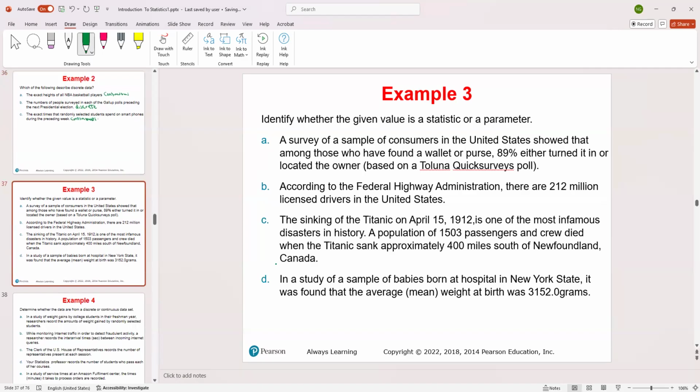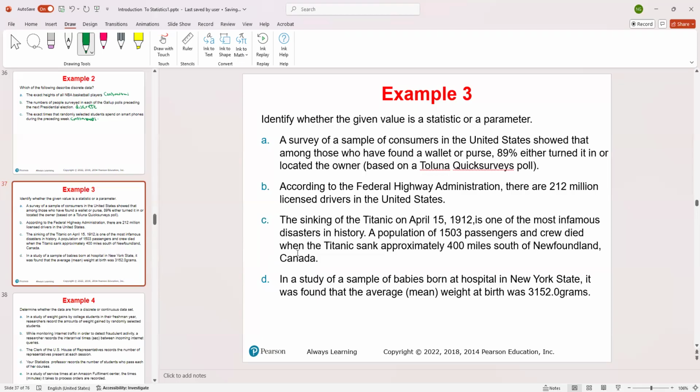Identify whether the given value is a statistic. I think that's another definition we need to cover, because remember we talked about statistics at the beginning. Statistic, without the S, is about a sample; a parameter is about the population. A survey, all right, we're gonna try this one.